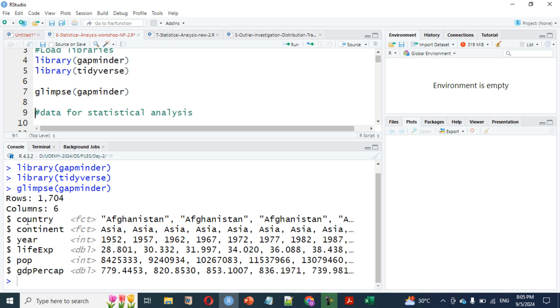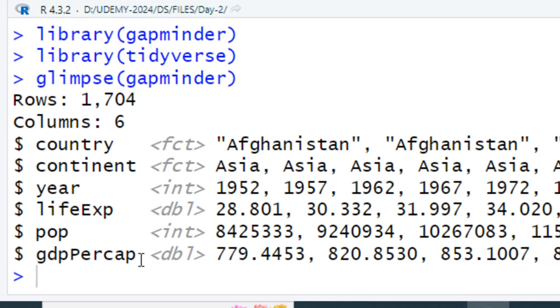The columns consist of country, continent, year, life expectancy, population, and GDP per capita. The GDP per capita is actually the income of each country within that particular year.